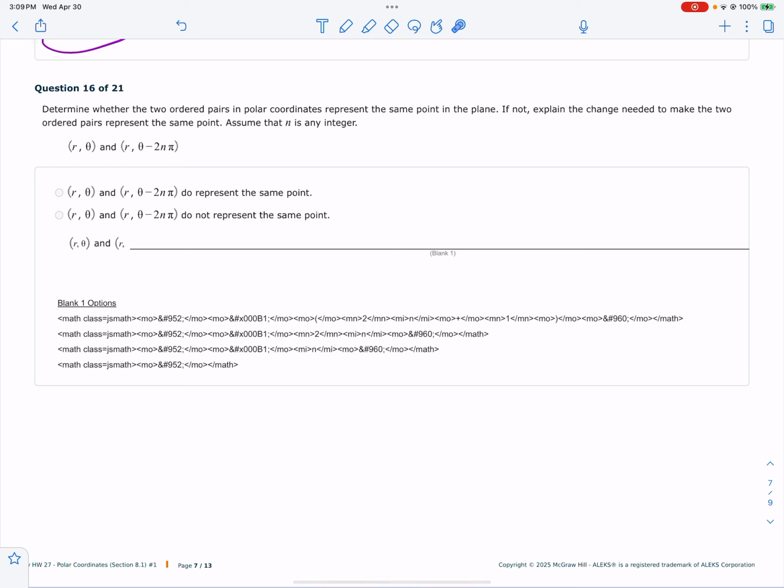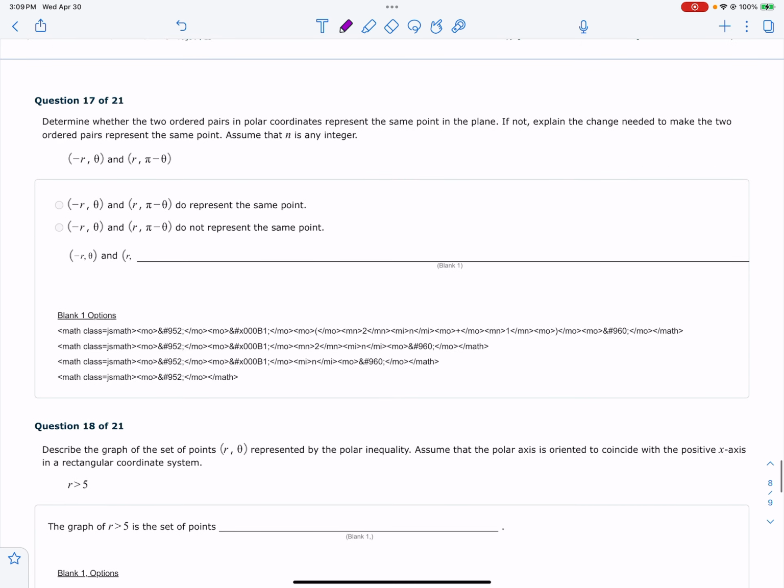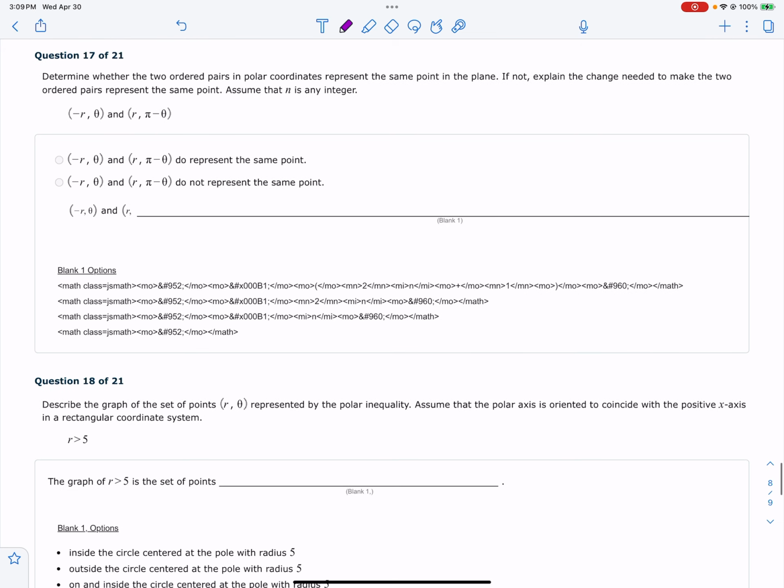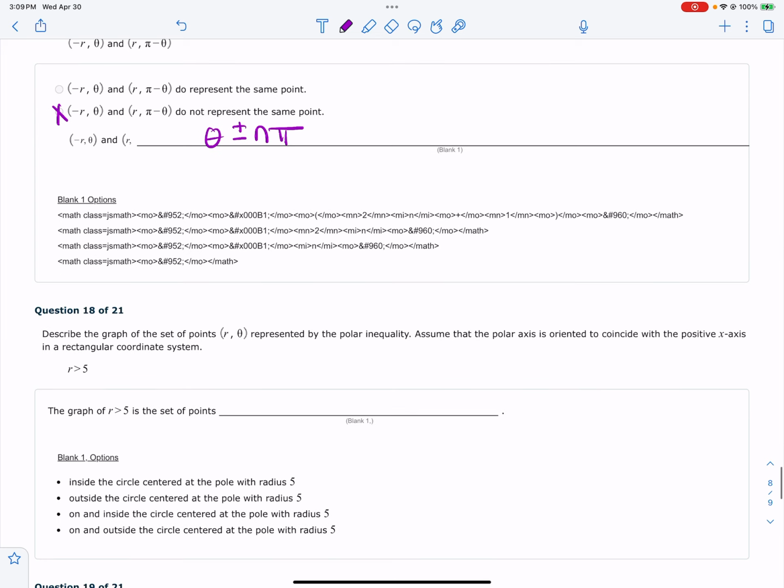Your n could be positive and negative. So this would be a do not. These are dumb. Okay, so these do not, and it should be theta plus or minus n pi.